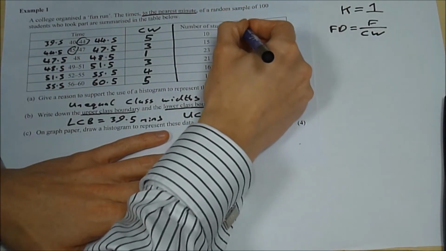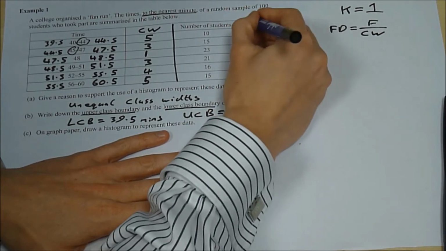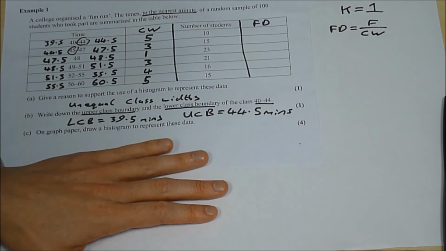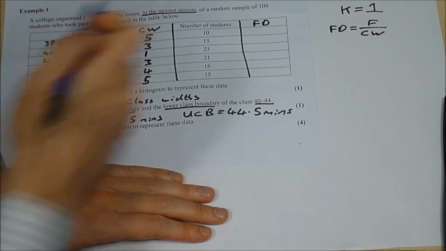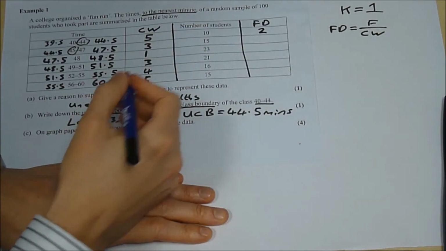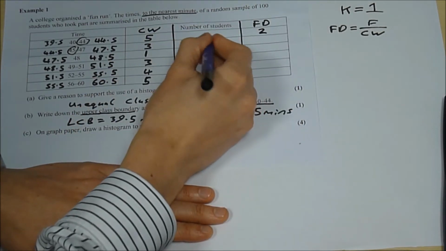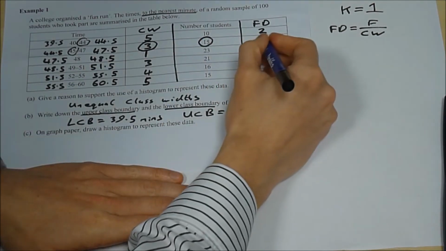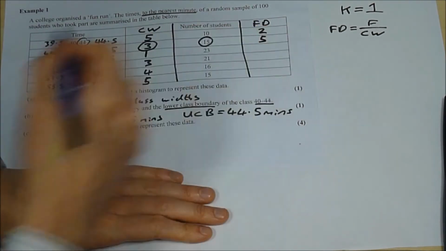So if I add on the other end my frequency density, then I've got 10 divided by 5 giving me 2. I've got 15 divided by 3 giving me 5.